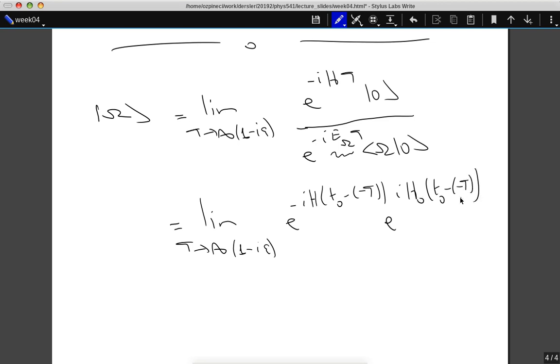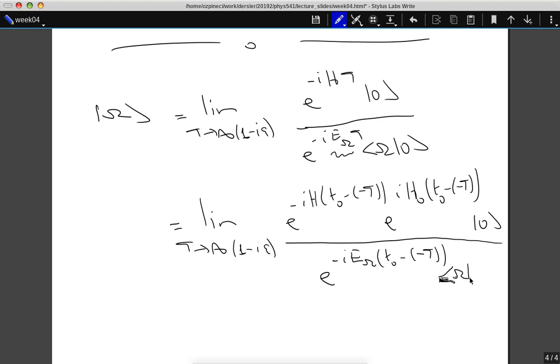H0 acting on the zero state, we define the energy of the zero state to be 0. So this is just 1. This is the same thing.